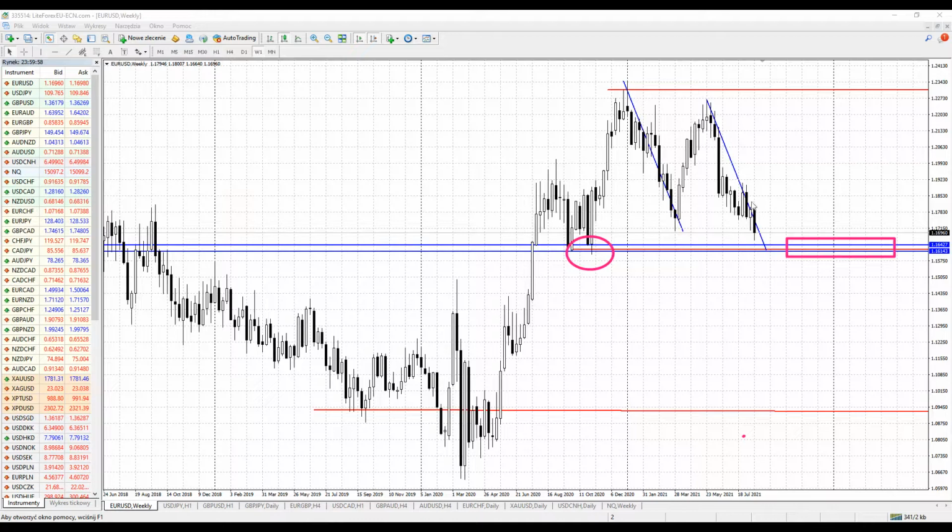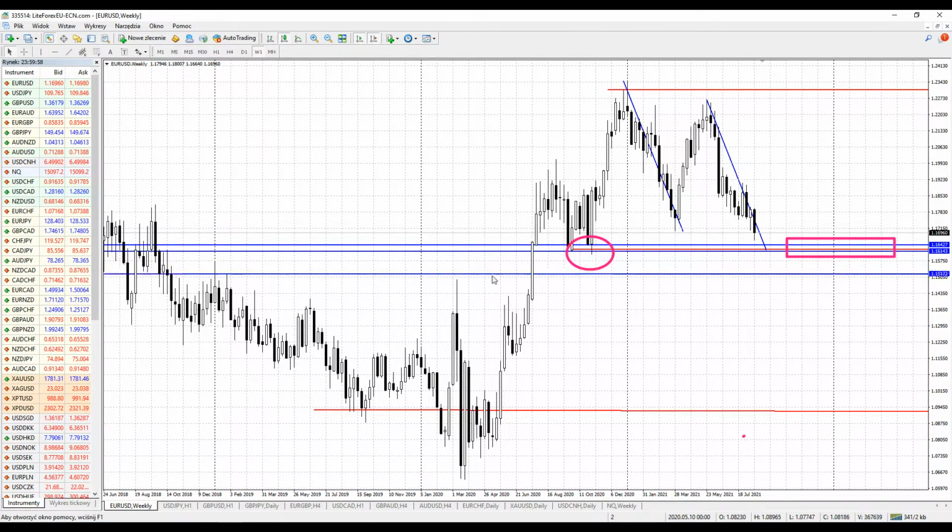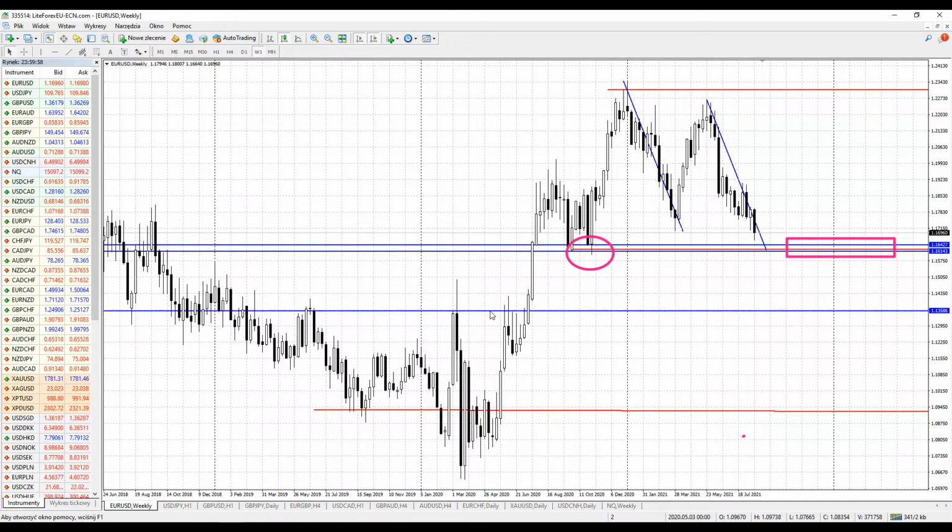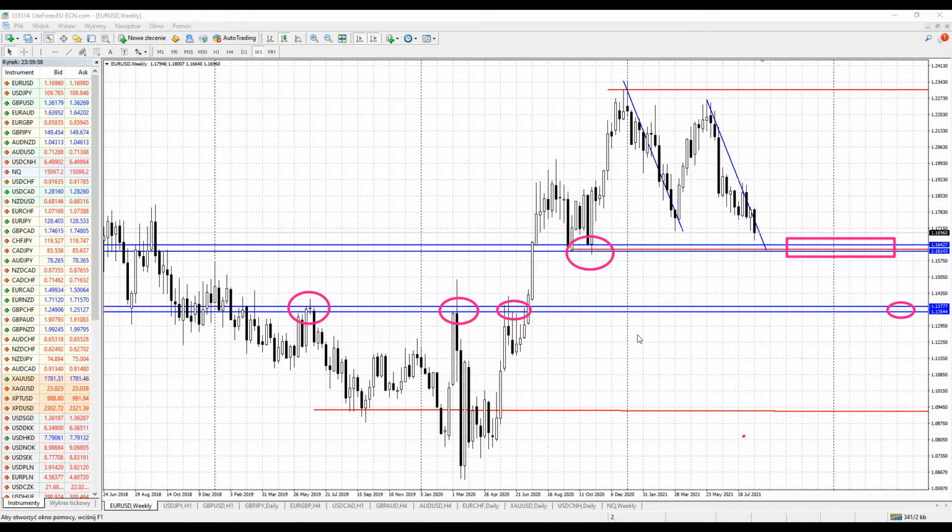Once we get a close below, we are opening a few additional levels from the weekly chart perspective. We are opening the zone around 1370, 1350, those swing highs to the left.